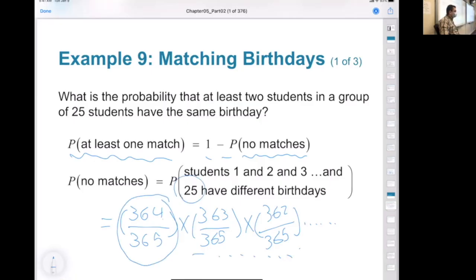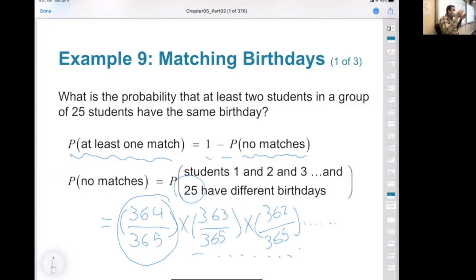Let me try to explain: suppose you have just two students, not 25, and we want to find the probability that these two students have the same birthday. So you will find the probability for no matches. How many days? You have 365 days.